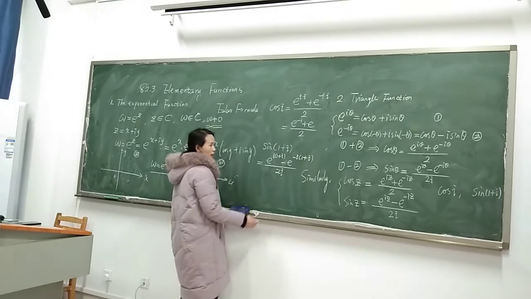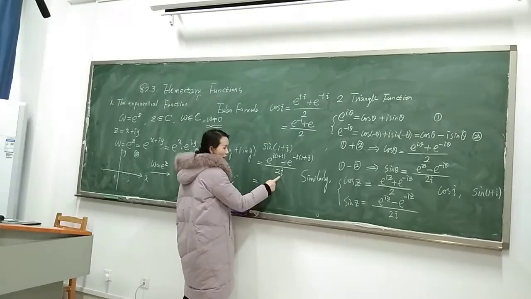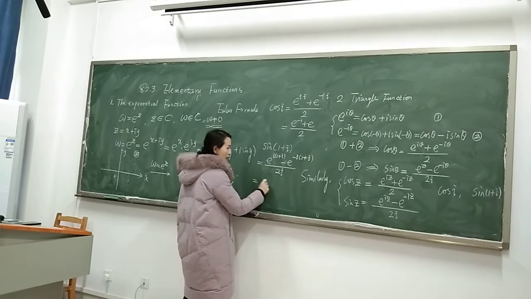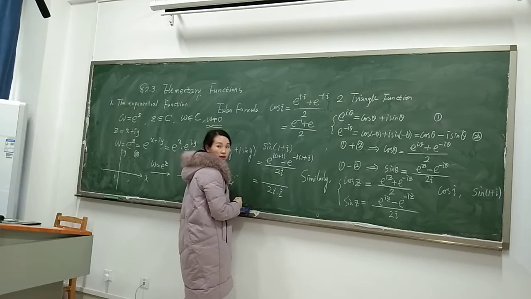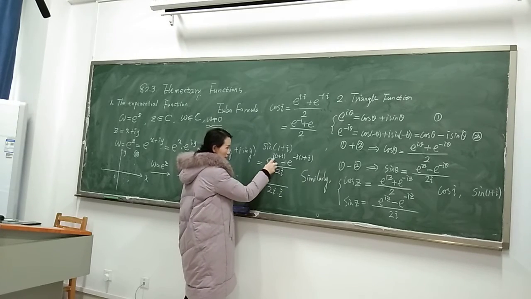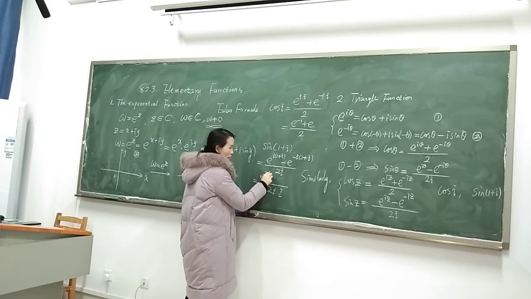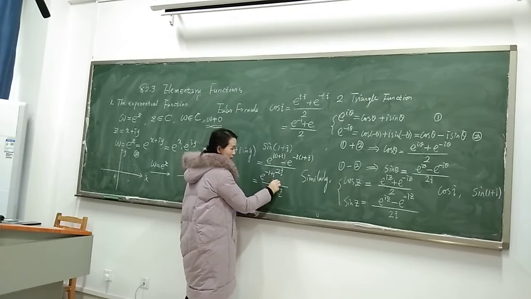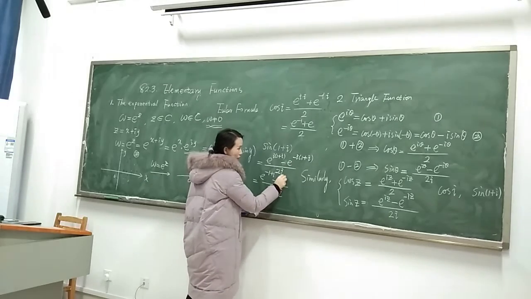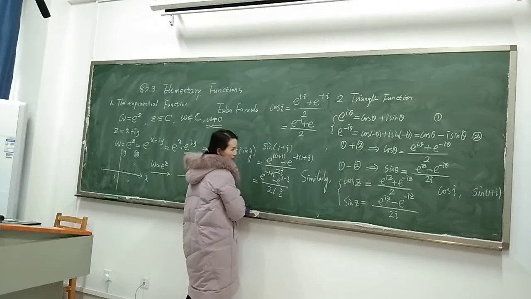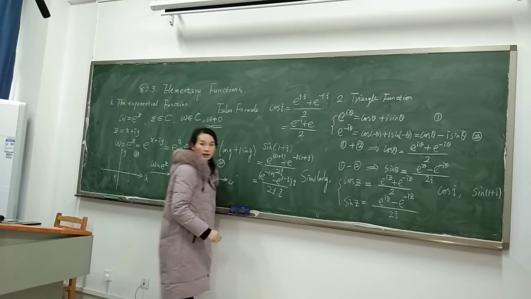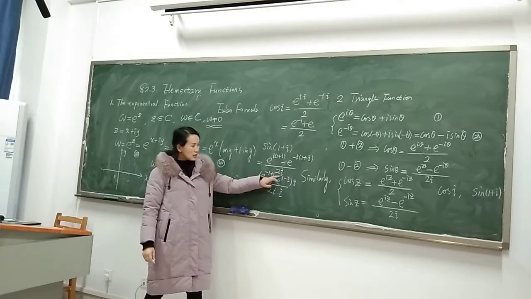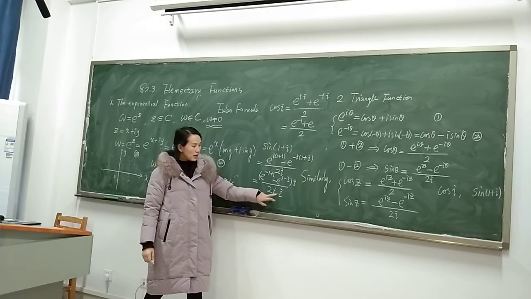Continue. Because here is i, you can take i here. So here is minus 1 plus i. Here is 1 minus i. Then multiply i. Because this is i, this is i, so we multiply i here.